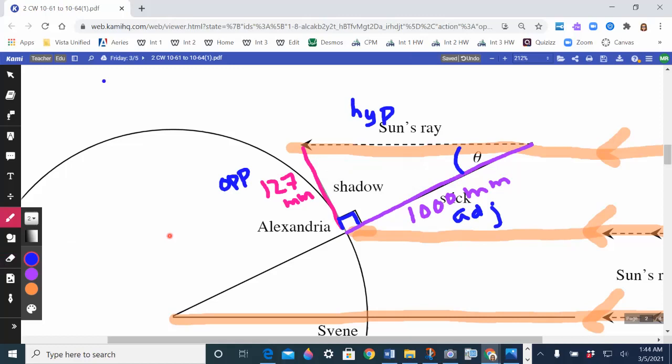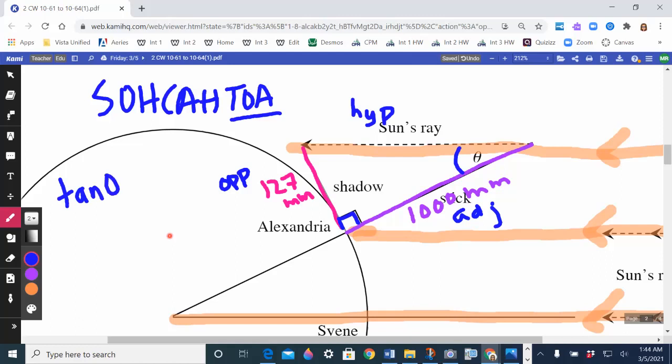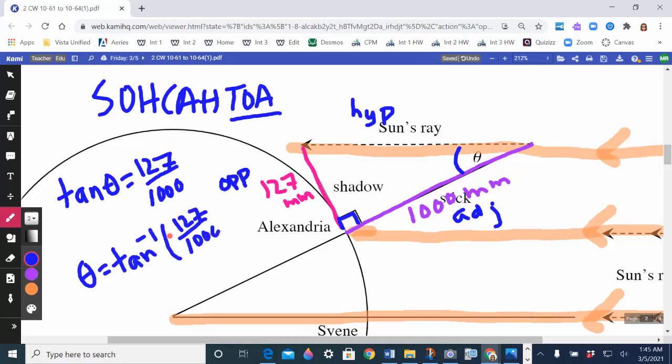So I'm going to think of TOA. I have opposite and adjacent, so I'm going to be using tangent. Tangent of theta is equal to opposite over adjacent. Now I need to find theta, so I have to do the inverse. Theta is going to equal tan inverse of 127 over 1,000.